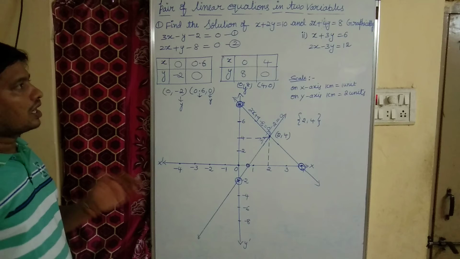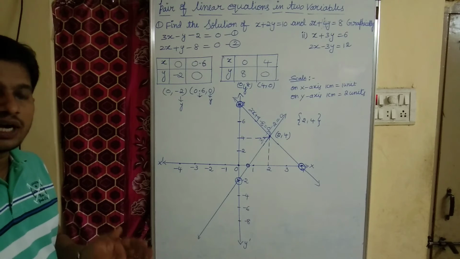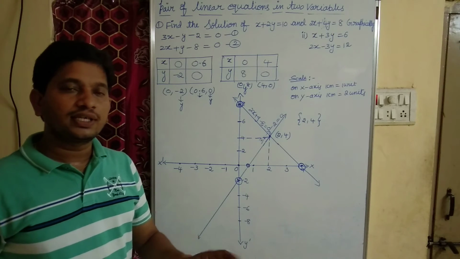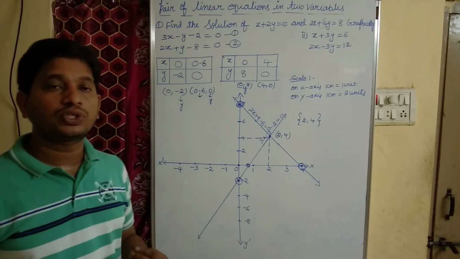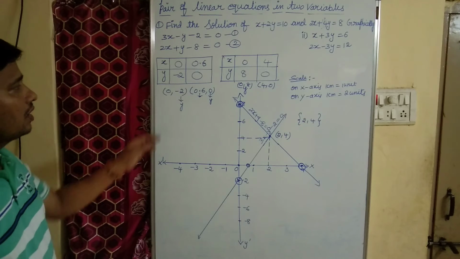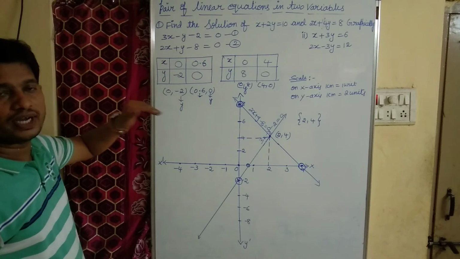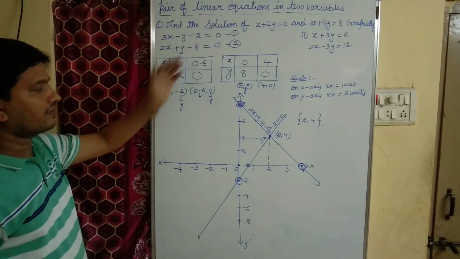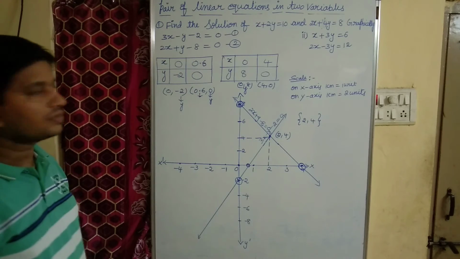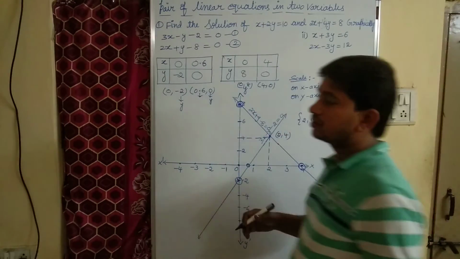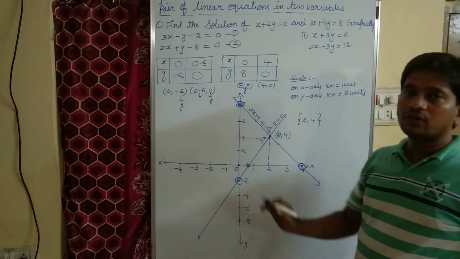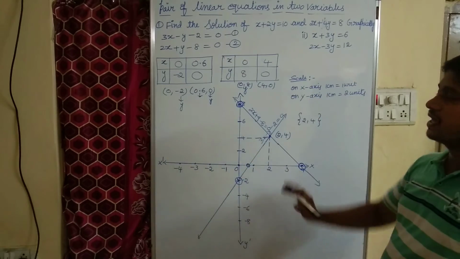So children, solving the given system of equations graphically is easy. This year they may ask an 8-mark question, simple. In the first equation, when x is equal to 0 you find the y value, and when y equal to 0 you find the x value. At the same time, in the second equation, when x is equal to 0 you find the y value, and when y equal to 0 you find the x value.